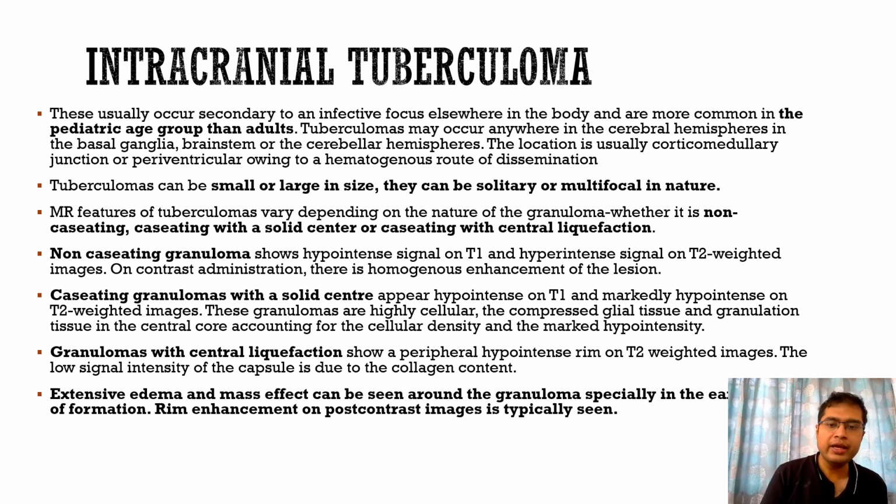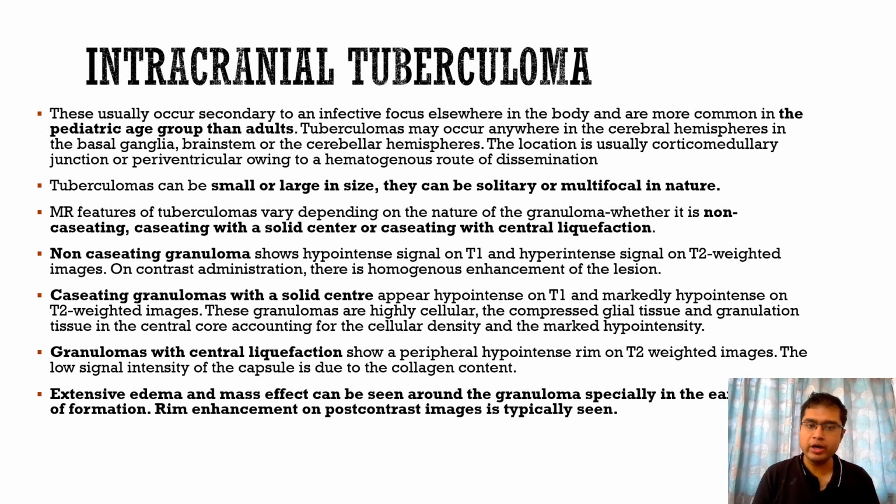On MRI, they vary according to the type. The main three types of intracranial tuberculomas include non-caseating, caseating with a solid center, and caseating with central liquefaction. Non-caseating granulomas are hypointense on T1 and hyperintense on T2 weighted images and show a post-contrast homogeneous enhancement.